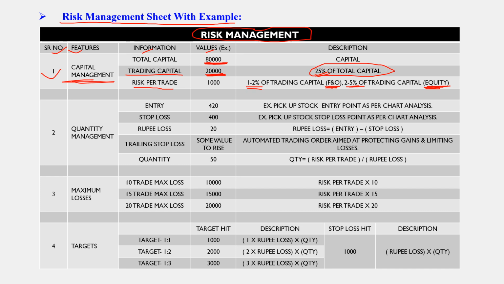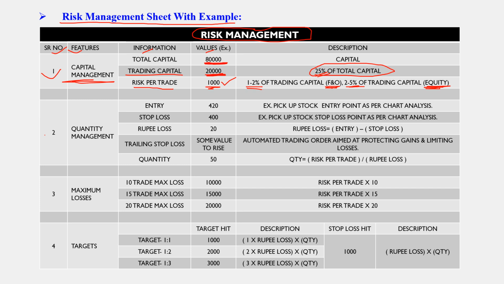So I will explain the equity related example in that sheet. I consider 5% the maximum percentage of trading capital risk per trade. 5% of 20,000 is 1,000. So this is our risk per trade. This is totally capital management.